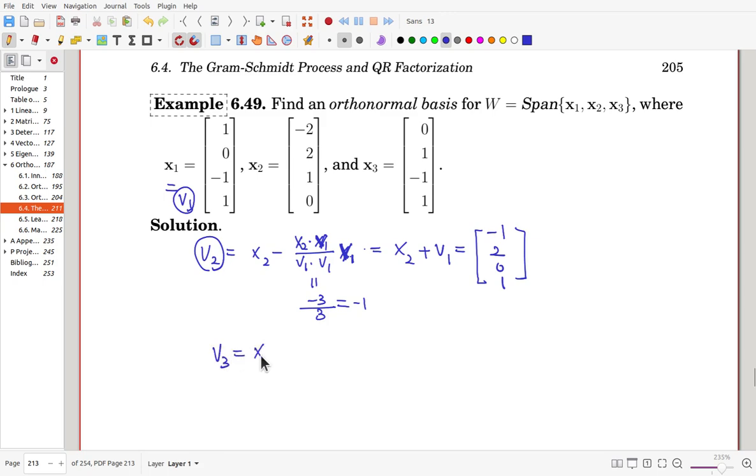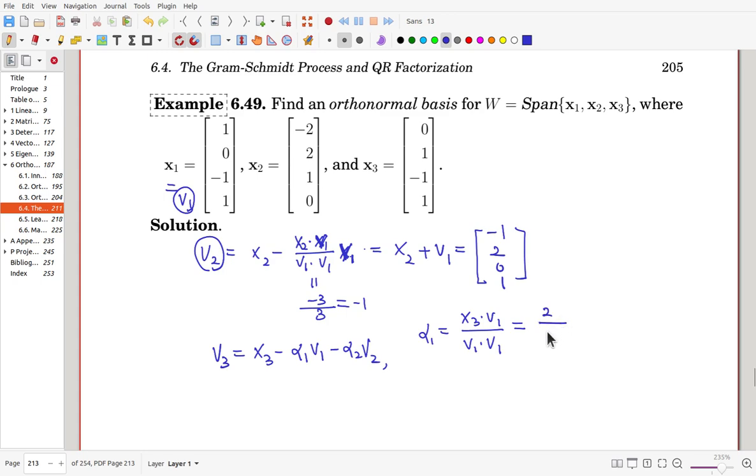And v3 must be written in this way. That is x3 minus alpha 1 v1 minus alpha 2 v2, where alpha 1 is the projection of x3 onto the space of v1, so that is x3 dot v1 over v1 dot v1, right? Okay. Here x3 dot v1, which is x1, the dot product will be 0, 0, 1 plus 1, so that is 2.